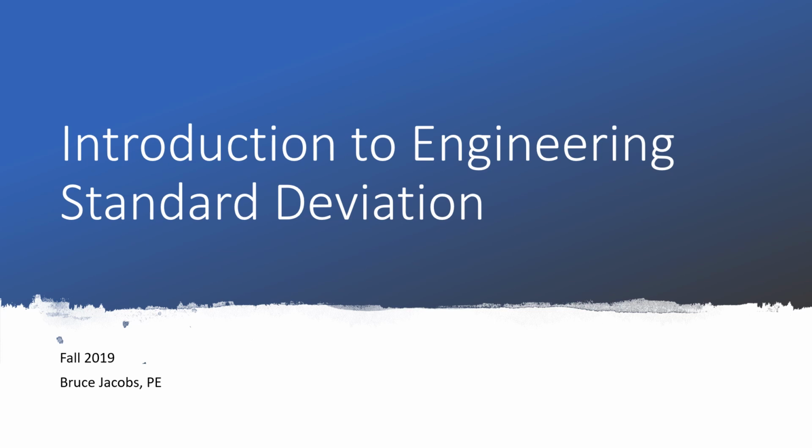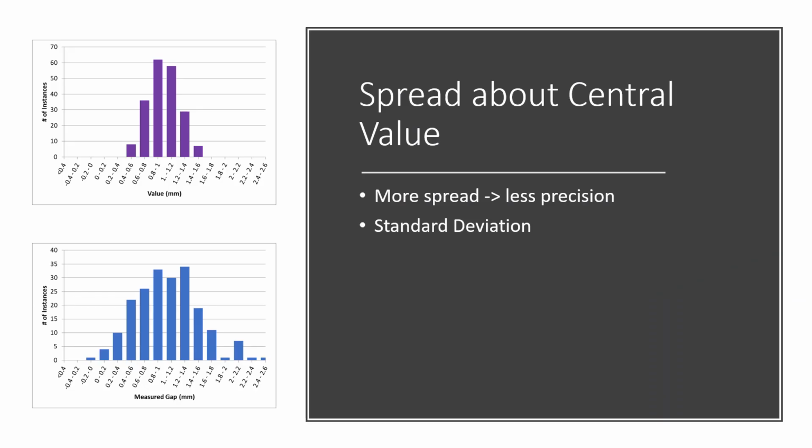So what we're going to talk about now is a way of quantifying that using something we call the standard deviation. Deviation essentially means the difference between a measured value and the mean. And standard just means essentially a typical deviation value that characterizes those measured values. So that's what we're going to do in the next couple minutes.